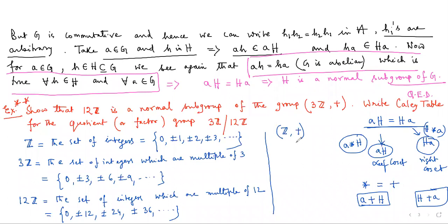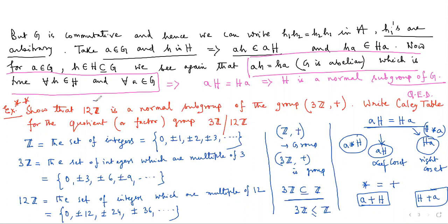Okay, so we have these sets with us, and it is also a known fact that Z plus is a group. 3Z plus is a group. Why is 3Z plus a group? 3Z plus is actually a subgroup of Z plus, so we can easily check it. Now, how to show that 12Z is a normal subgroup of the group 3Z plus? So let us try to show it.